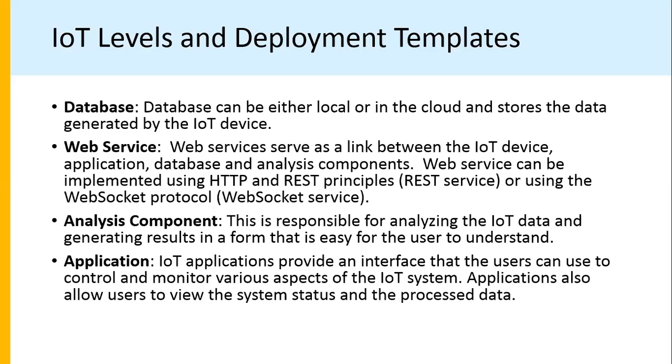So this is how the analysis component will analyze the IoT data generated, and it will be in such a form that users can understand the analysis result. So that is the job of the analysis component. And now we'll go to the last component, that is application.